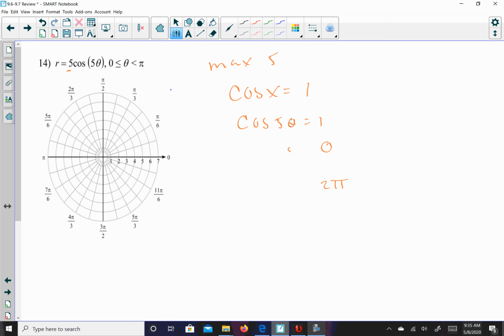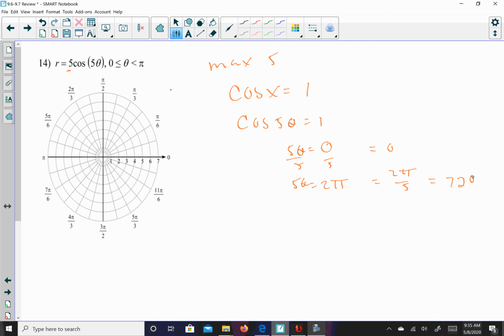So this will be 5 theta is equal to 0, 5 theta is equal to 2 pi. Divide both sides by 5, and I get 0 and 2 pi over 5. And I could have sworn we just did that one before. And I'm going to change that to degrees, and that, I believe, is 72 degrees.